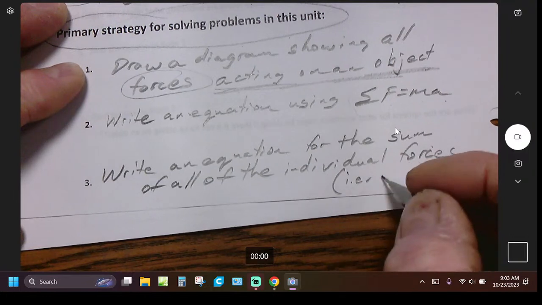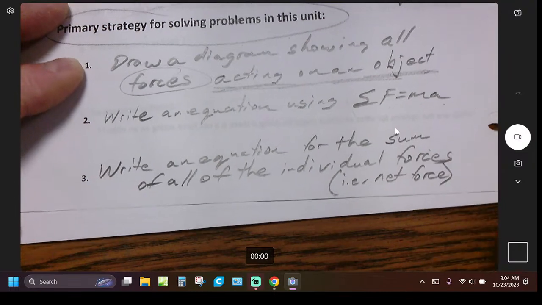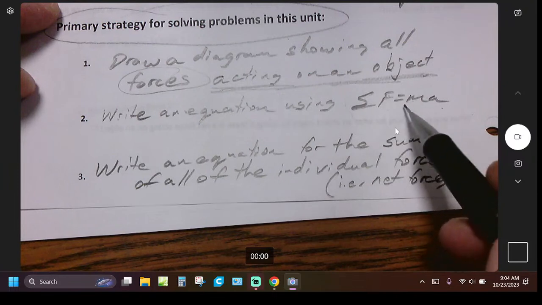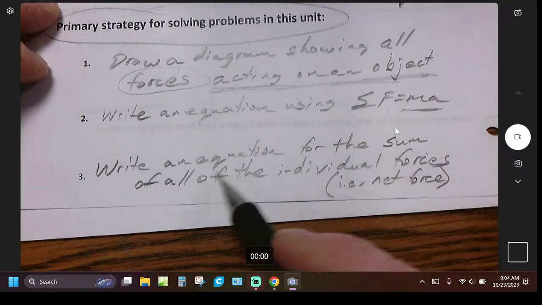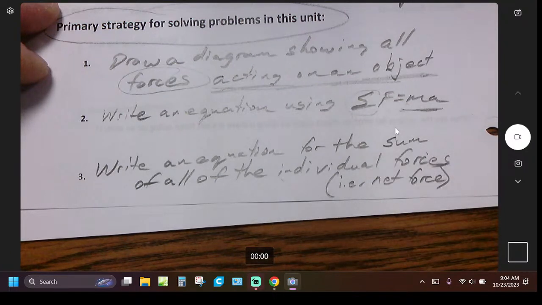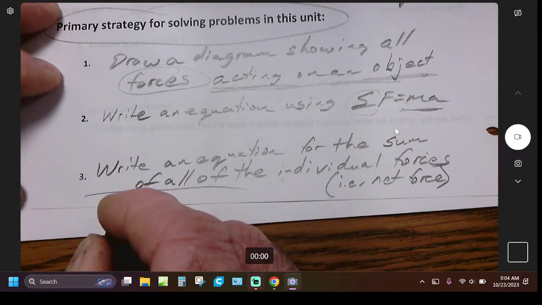What I'm talking about there is the net force. Maybe I didn't say it very well, but there are two ways to get a net force. One is just to say it's mass times acceleration. The other way is to say the net force is the sum of all the individual forces. And then number 4, if we had another final step, would be basically to solve.